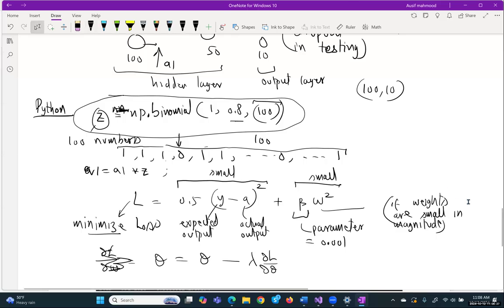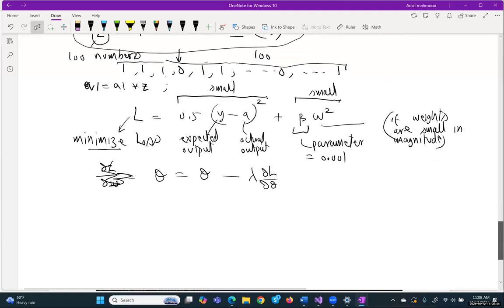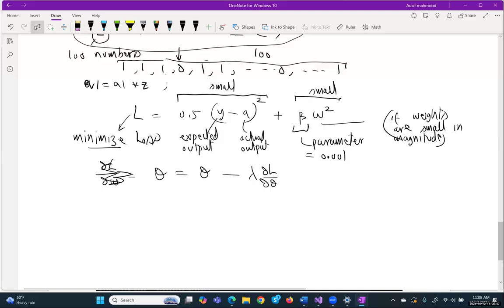So as we do partial L over partial theta, for example, theta is like weights and biases, W's and B's. If we are applying it to adjusting the weights, take a look at what will happen. Minus lambda, partial L over partial W, right?